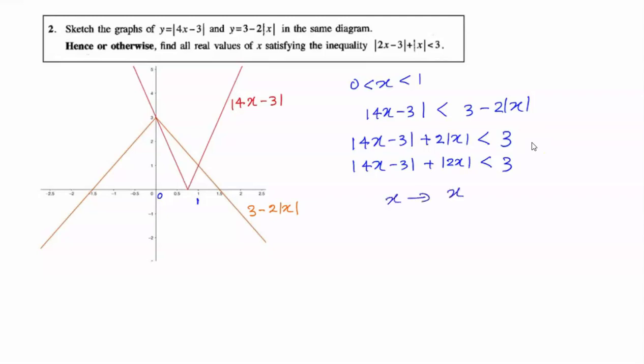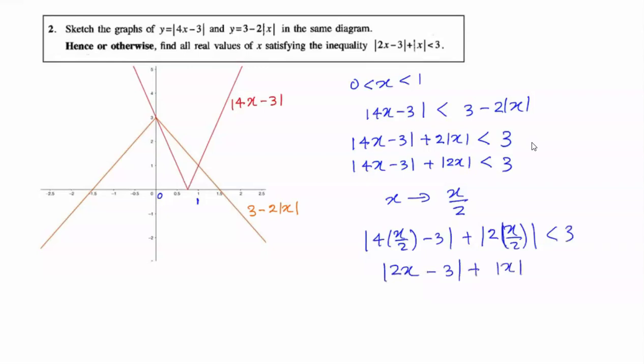That tells me 4x over 2 here, minus 3, plus 2x over 2 there, less than 3. And now you see we have 2x minus 3 plus absolute x less than 3, the exact same thing I have here.